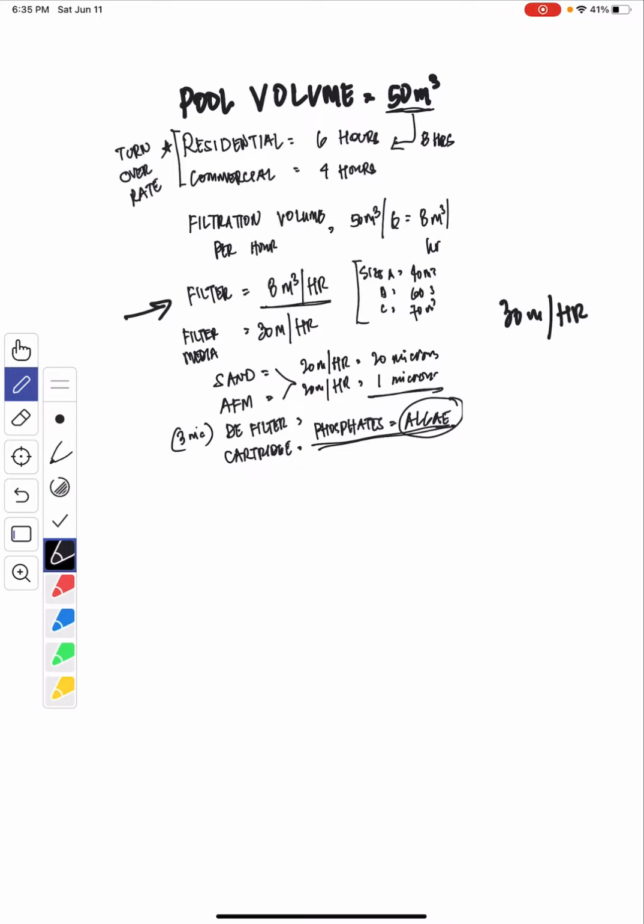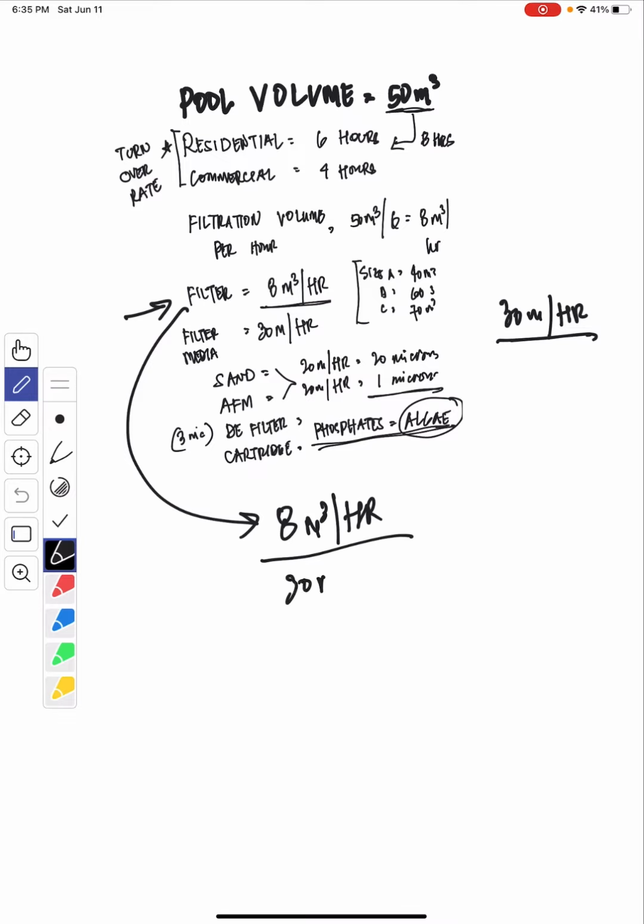So you divide 8 cubic meters per hour, your hourly filtration volume, by 30 meters per hour. The answer you will get is 0.2667 square meters, since meter cubed over meter gives meter squared.